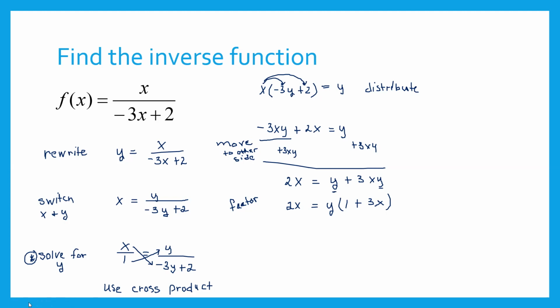So I'm going to, off to the side here, use a different color ink so that we can just double check this. We could distribute to check our factoring. So if I do that, what I had factored, I had y parenthesis 1 plus 3x.